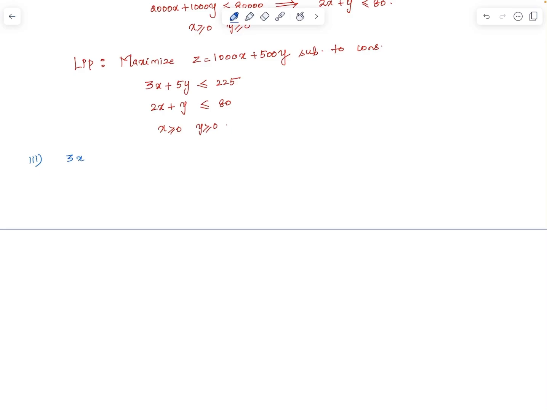That is 3x plus 5y is equal to 225, 2x plus y equal to 80, x equal to 0, y equal to 0. X equal to 0 represents the y-axis, y equal to 0 represents the x-axis. Coming to the first equation, 3x plus 5y is equal to 225.